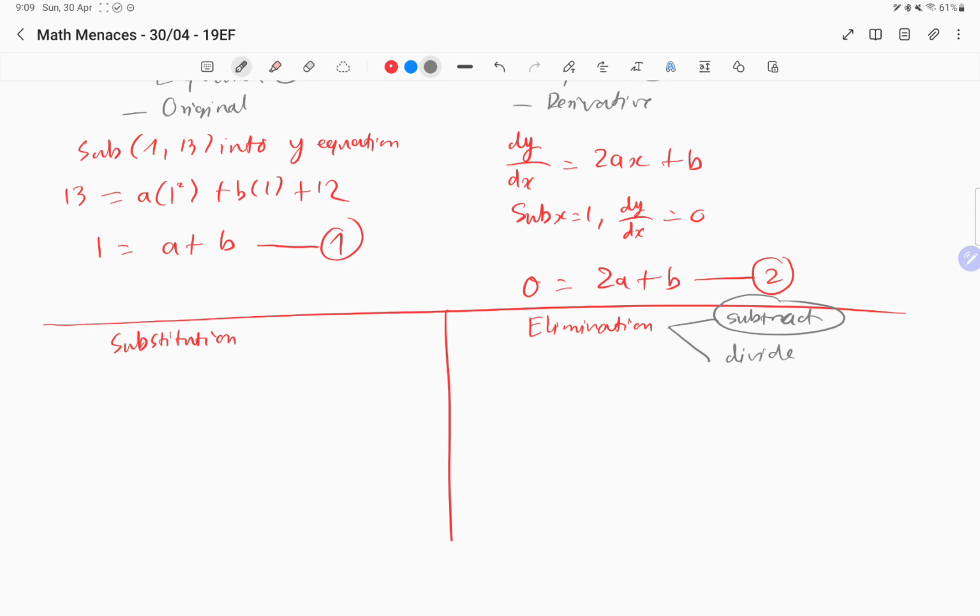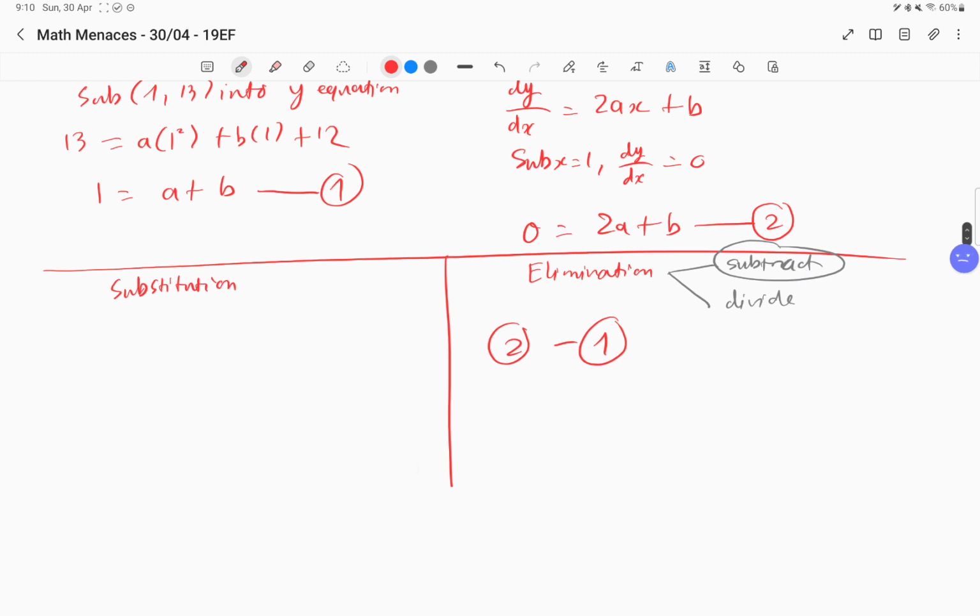So let's just say I go equation 2 subtract equation 1. Why do I do equation 2 subtract equation 1? What do you think? Because it's larger. Like you got 2a? Yes, correct. I look at 2a here, I look at 1a there, so I will take 2a minus 1a. And then the b minus b will be gone. I'll just write the operation here. So that's equation 2, and equation 1 looks like this.